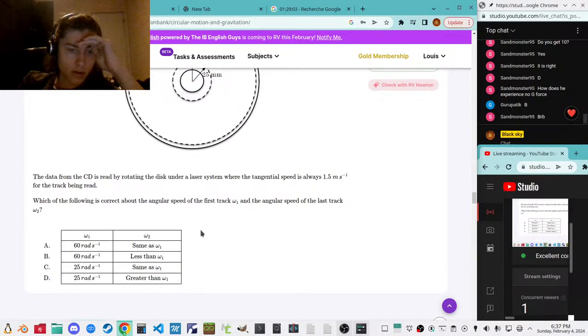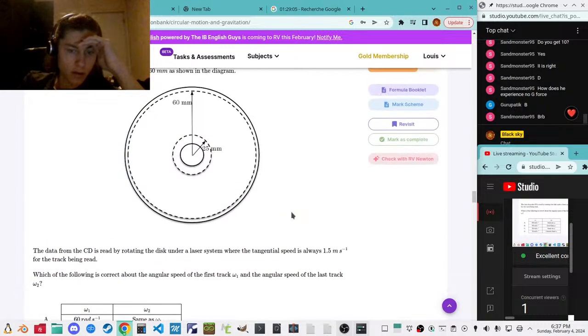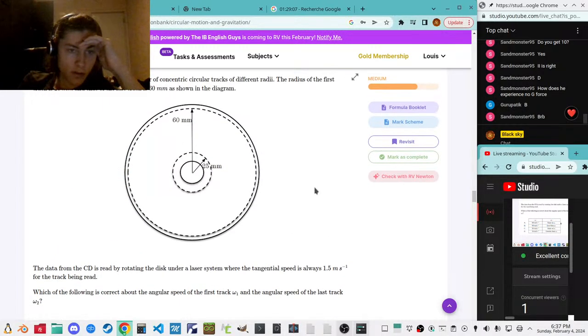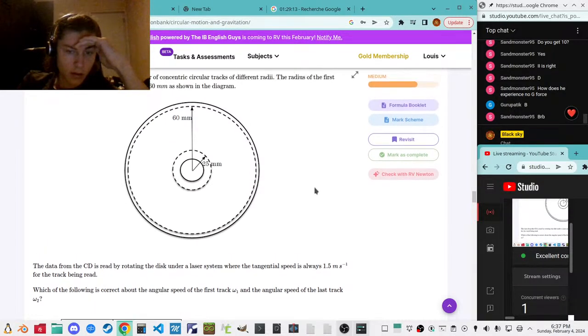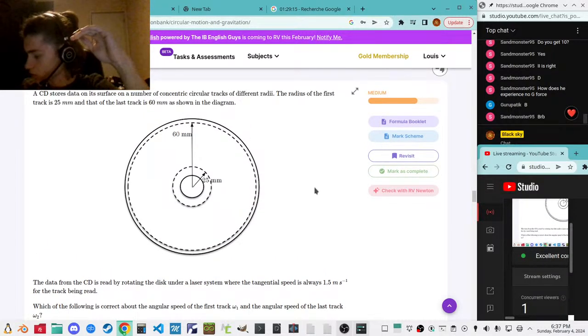Now, the first track, it's 1.5 meters per second. So, where's the conversion thing?